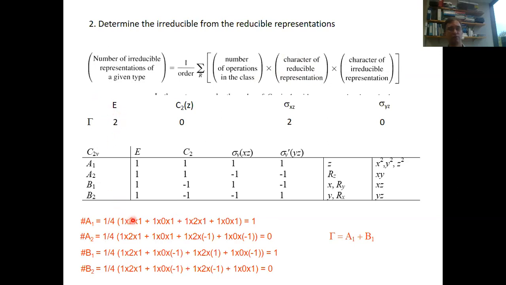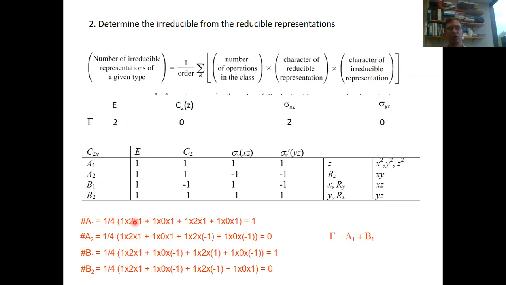So we have 1 times 2. And the character of the irreducible representation is now this character here in the row for A1 underneath E. You see that's also 1. So that's 1 times 2 times 1. Okay. So now I have to determine the same product also for the other symmetry operations.